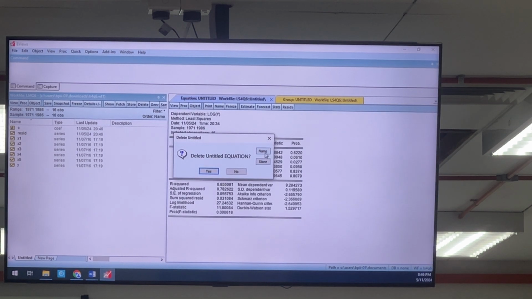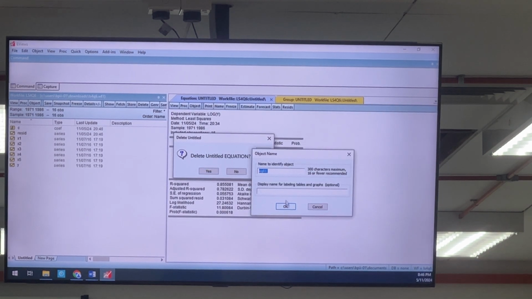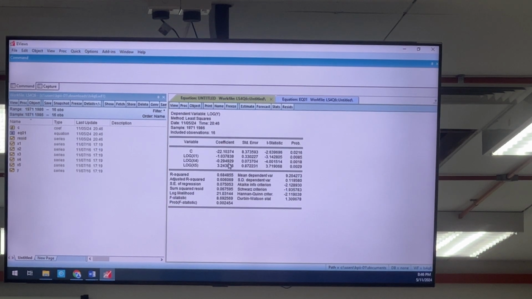We name this equation 2. So you get this result, and then you compare whether it is similar to what we expect. For x1 we expect negative, and now it is negative, unlike before when it was positive. And it is significant.